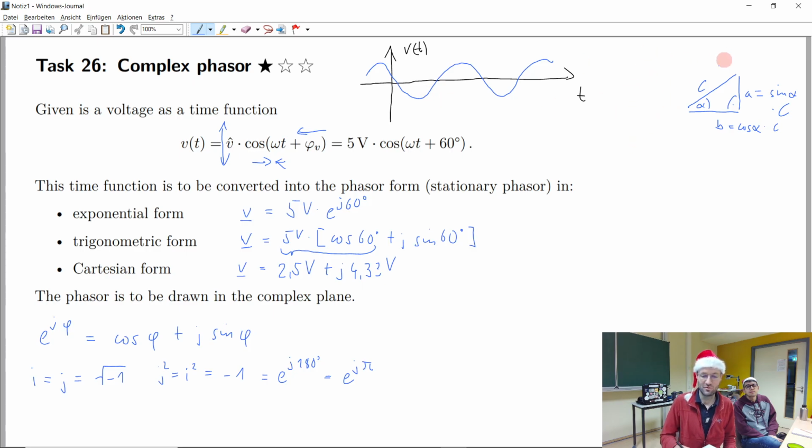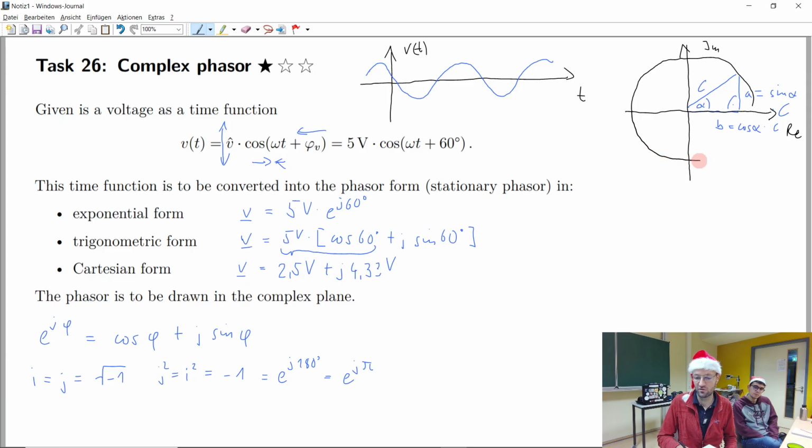So one idea would be, let's take black for a second, to extend this triangle in a way that we say this is the imaginary axis, this is the real value axis, and then we have already drawn the complex plane, and that we have a unit circle, and this would be some triangle inside our unit circle.